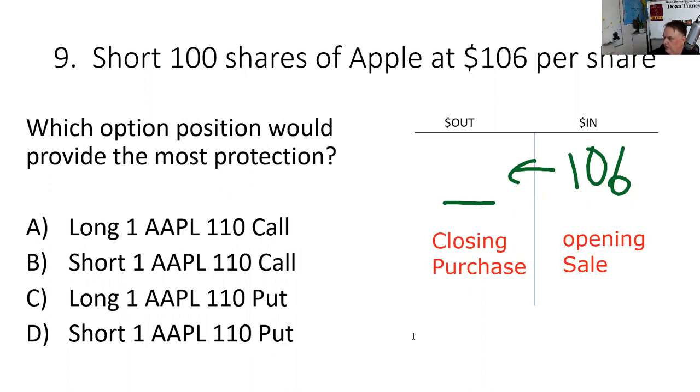And so once I know that I'm looking to do something that ends up with me buying the stock, I kind of get a 50-50 here. Because I don't want to sell the stock. I've already done that. I don't want to have an obligation to buy. Here I have a choice to buy. Here I have a choice to sell. I've already done that. So now I have a 50-50.